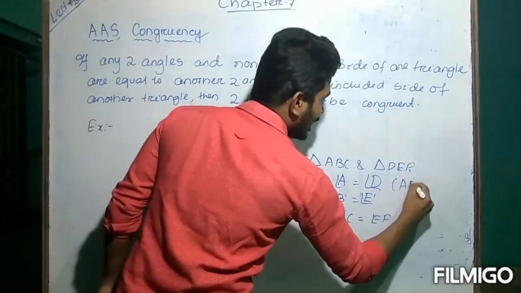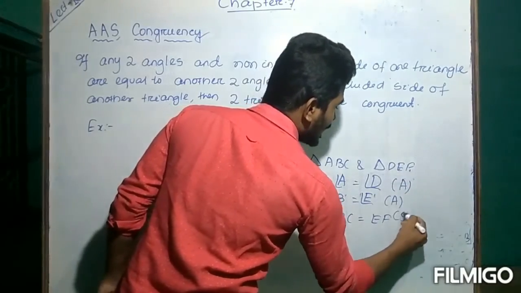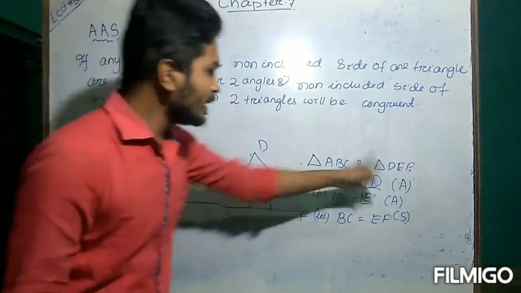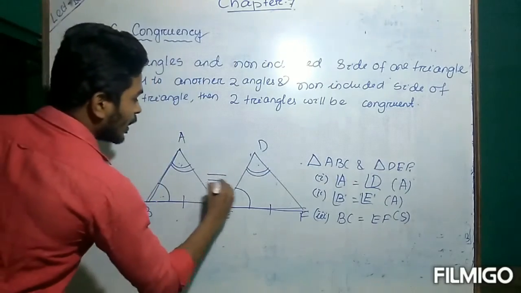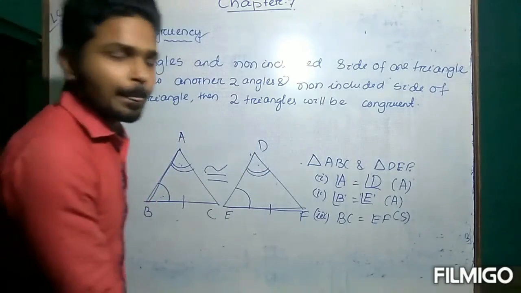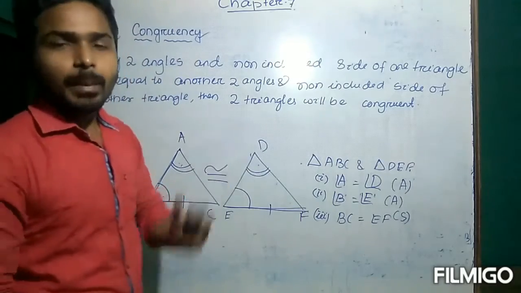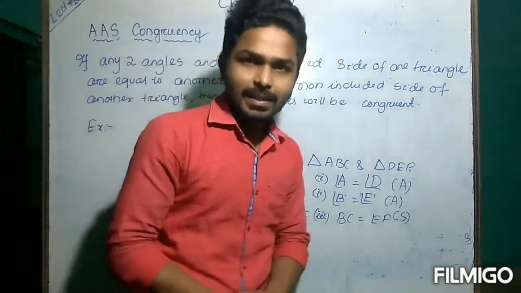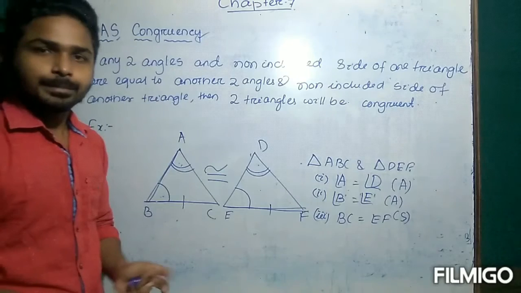So by the angle angle side criterion, these two triangles will become congruent. Understood? So this is all about the AAS triangle congruency.